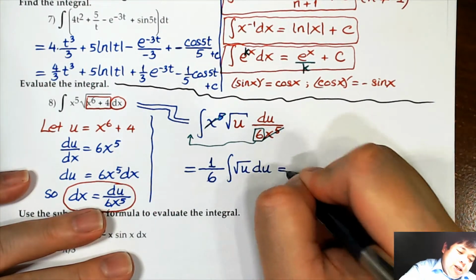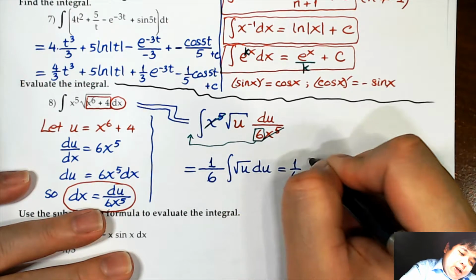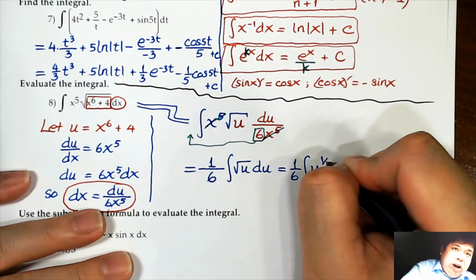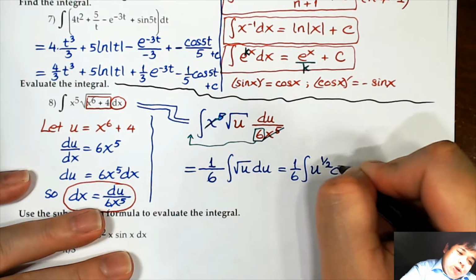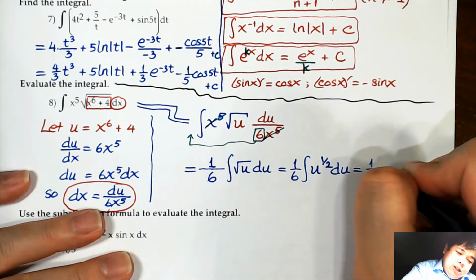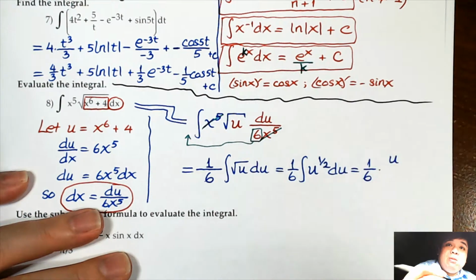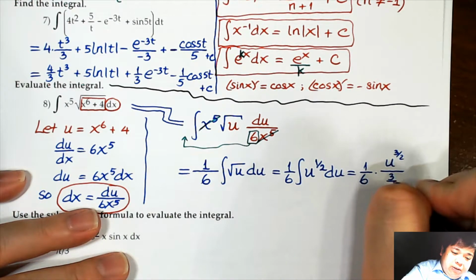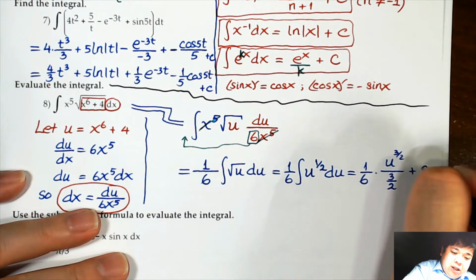Right. Now, integral of square root of u is u to the 1/2. We will use the power rule: 1/6 times u to the 1/2 plus 1 will be 3/2 over 3/2 plus c.